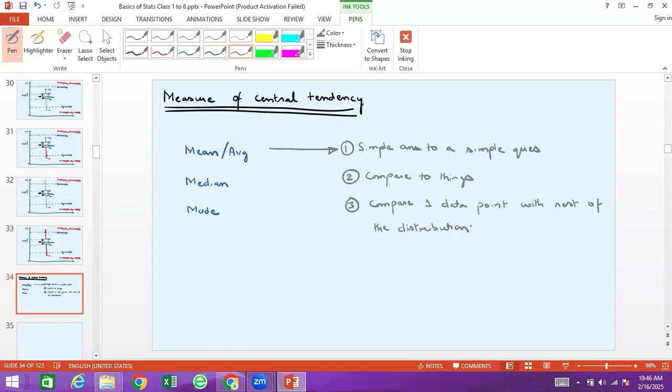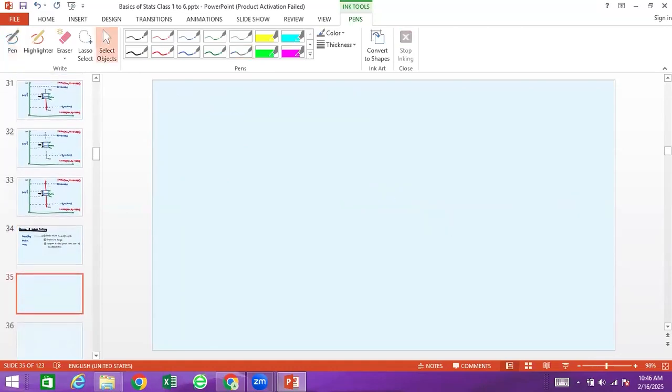Okay, where do we use median? Actually, I will tell you later, but median is something which is more accurate as compared to mean if you want to show the center of a distribution. But in general, I have seen that it's a little hard to grasp for most of the people.